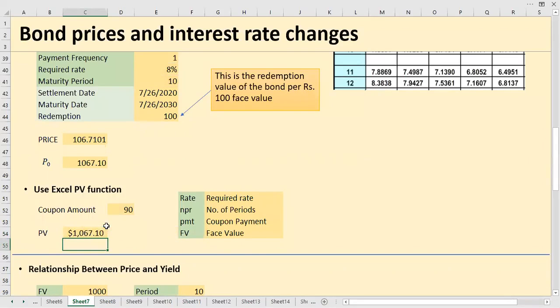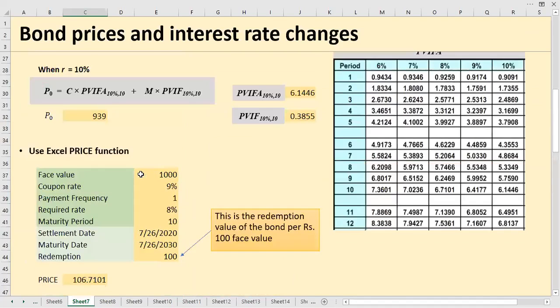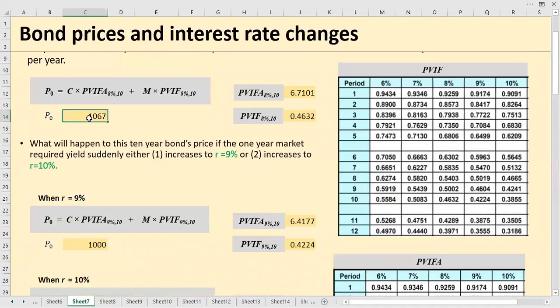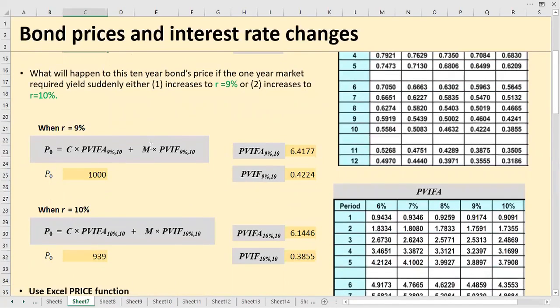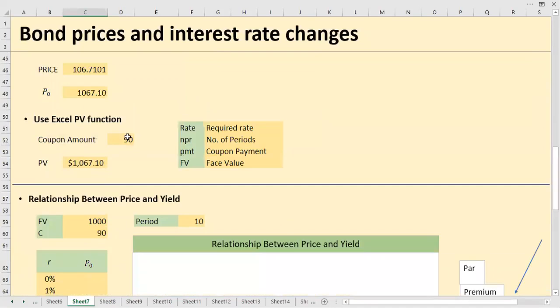Negative into negative gives you a positive value. So you get the same answer here also, 1,067. Here also using the price function 1,067, and based on the formula also 1,067. So you get the same answer using whatever method you use, right?